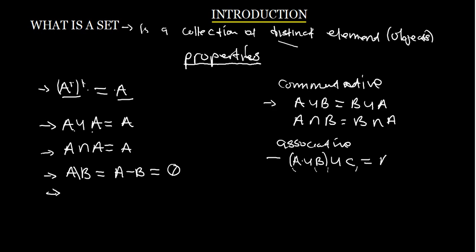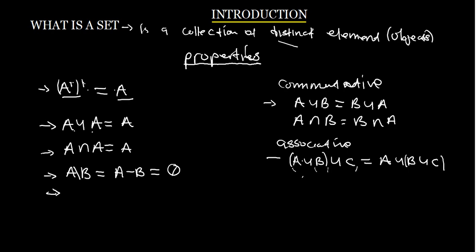So say A union B union C. So the brackets were at first, now we'll move one step, so we'll leave the other set, so we'll put them here. So that's what we call associative. So we have associated the properties.